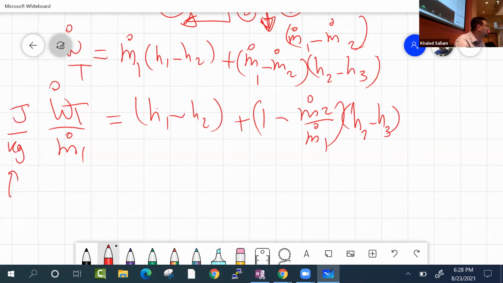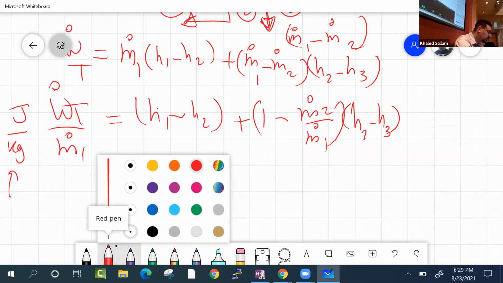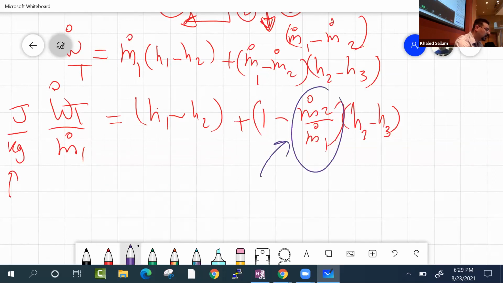Kilogram of steam leaving the boiler going into the turbine, right? And so this ratio is pretty important then. A lot of homework problems would be calculating that ratio. How much steam are you extracting? Are you extracting 50%, 20%, 10%? How much is needed to do the job that the heating is doing? Okay.